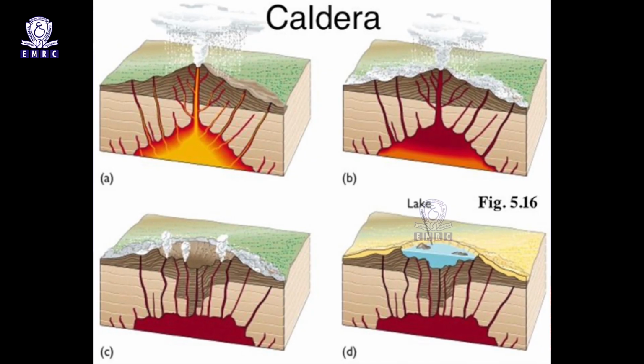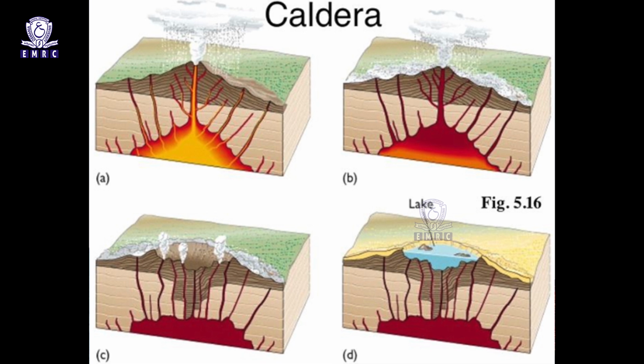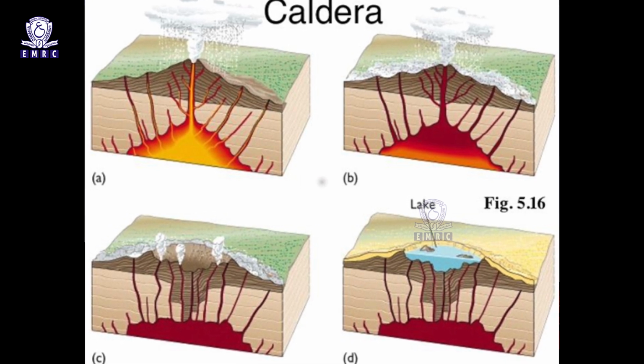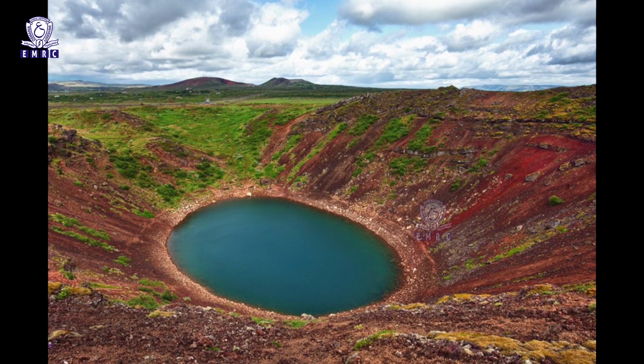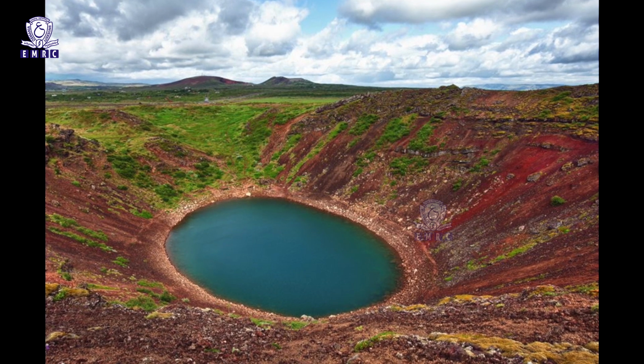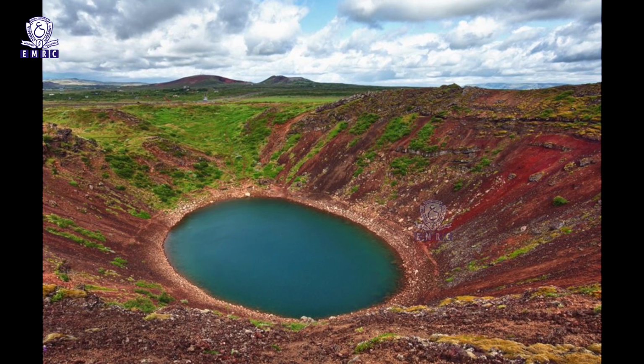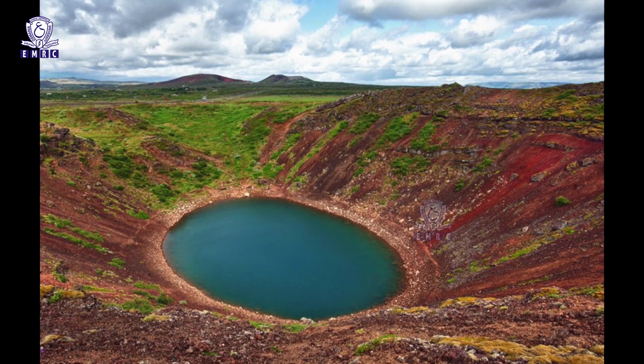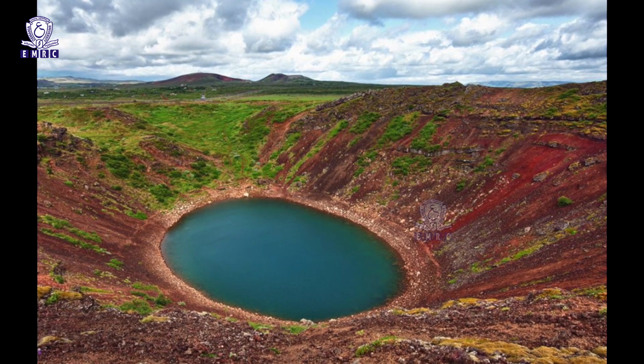Calderas. Calderas are the enlarged form of the crater with very large size. There are two schools of thought regarding the formation of calderas. According to some scientists, a caldera is an enlarged form of crater and it is surrounded by steep walls from all sides.